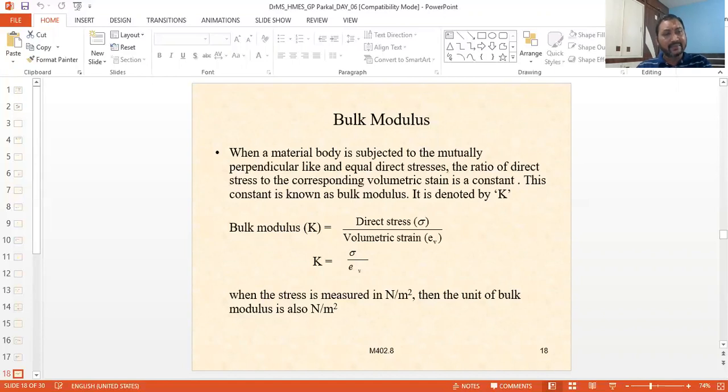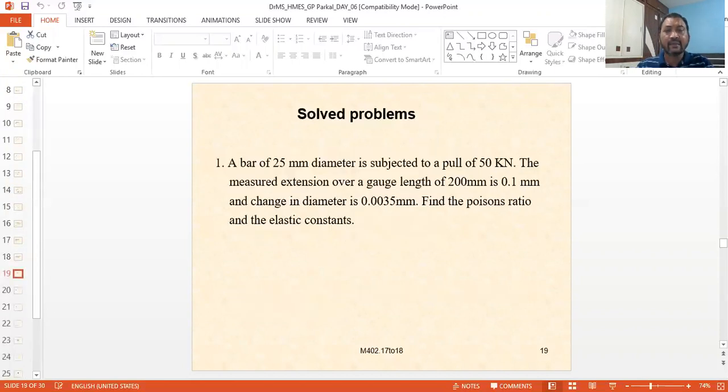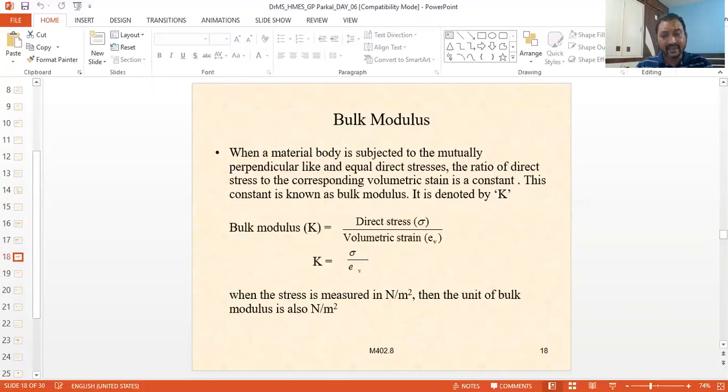Bulk modulus is defined when we talk about forces acting along three mutually perpendicular directions, say the x, y and z axes. In this case, we consider the direct stress, meaning the force causing direct stress.